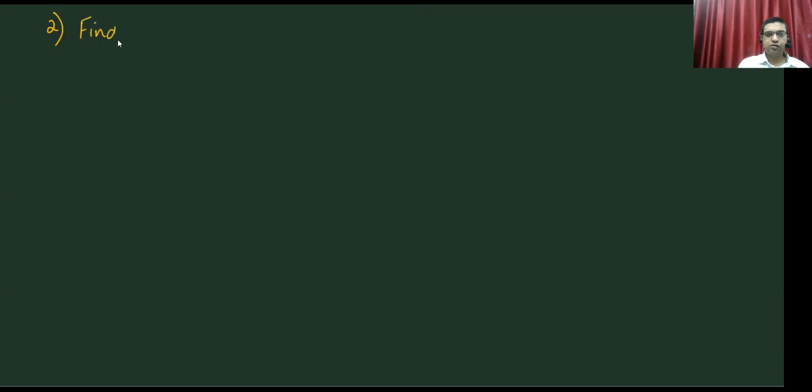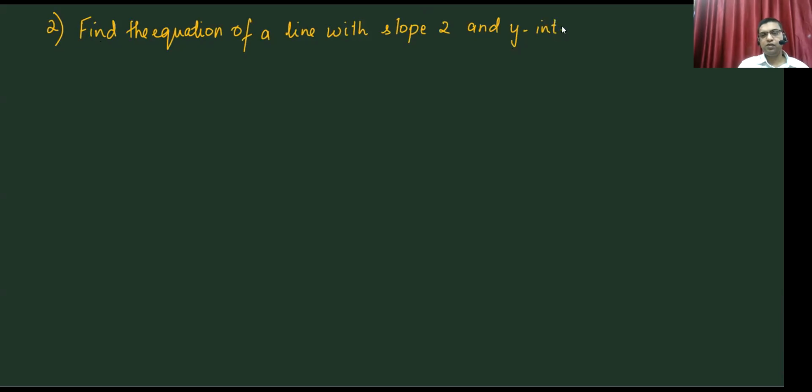Find the equation of a line with slope 2 and making an intercept of -3 with the y-axis.